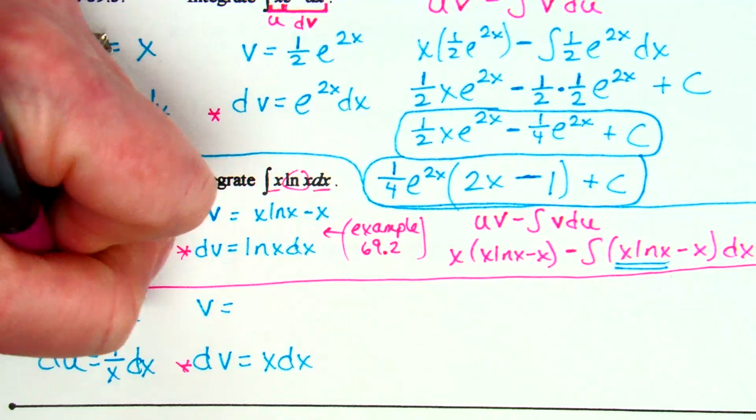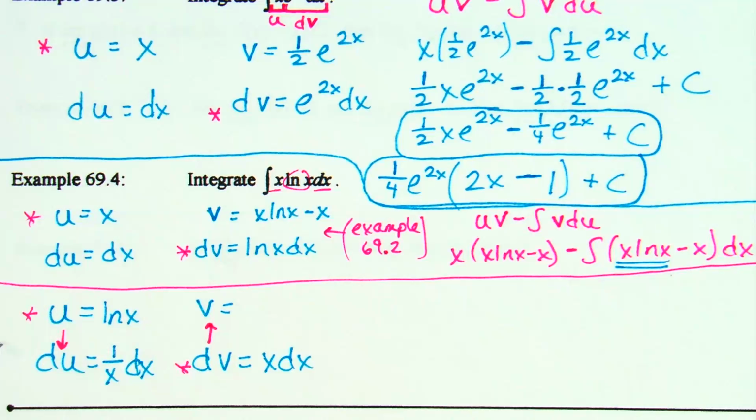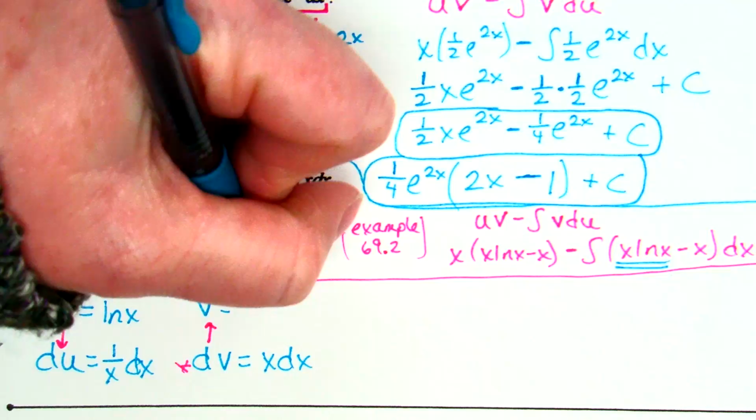Okay. If dv is x dx, I need to integrate. What is the integral of x dx? Yeah, it's a power, right? We haven't had to do that today, but you add 1 to the power, we're at x squared, divide by that, so 1/2 x squared. And now you should be set to go.